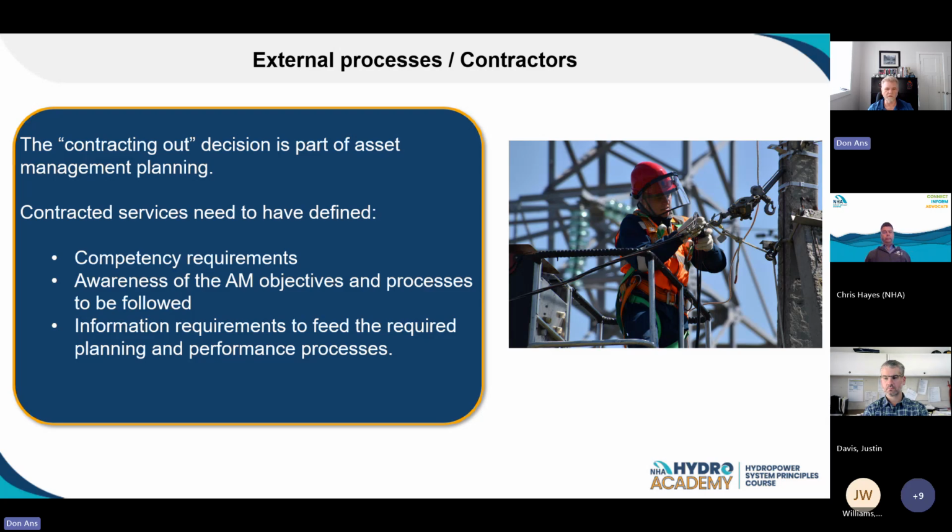It's just too expensive to maintain that competency internally. But again, it's an asset management decision, because you've decided that saving the investment in training is worth the additional money for contracting it out. So it's part of the asset management plan for that asset class, and therefore it's an asset management decision.